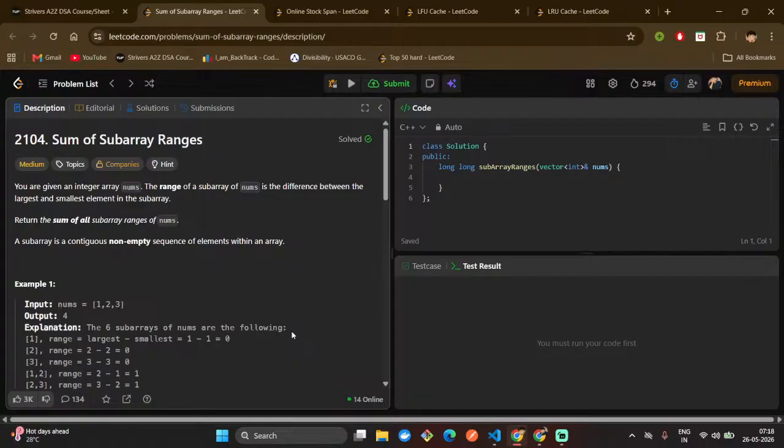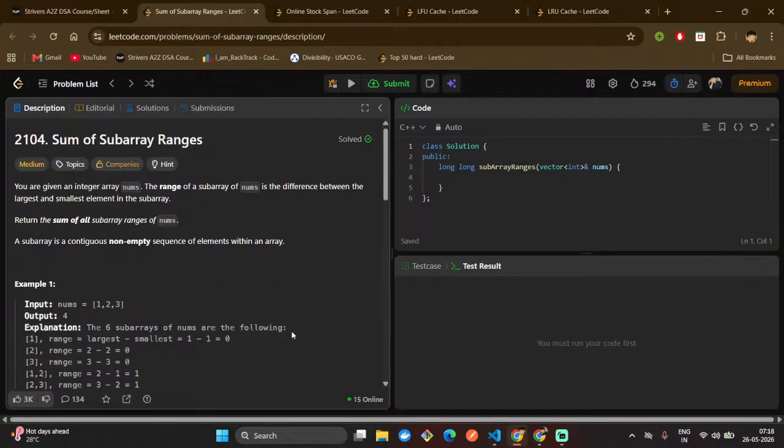To find the next greatest element: there is nothing, there is nothing, there is 4, then 2, and there is 1.